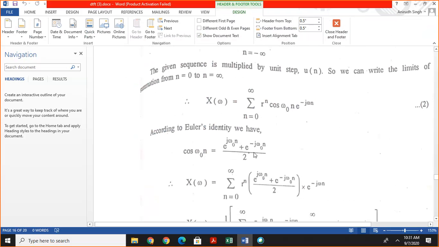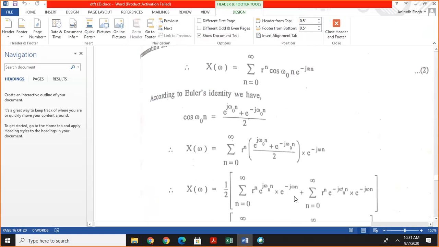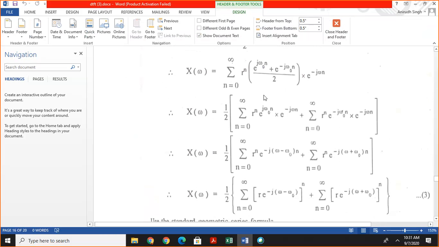Cos omega naught n can be written by this identity, so we replace cos omega naught n by this expression, and if we solve this expression, we get this summation n from 0 to infinity r raised to power n exponential j omega naught n multiplied by exponential minus j omega n, plus summation r raised to power n exponential minus j omega naught n multiplied by exponential minus j omega n.